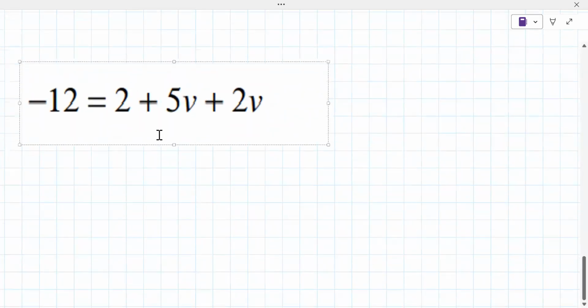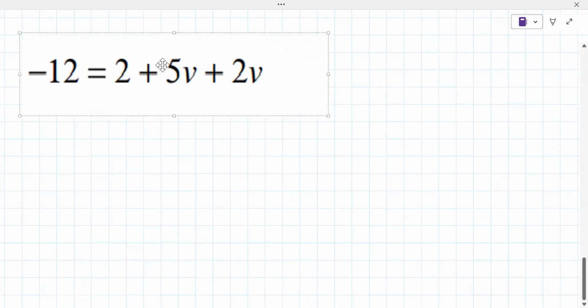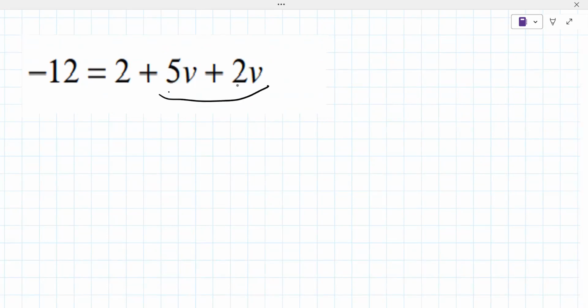All right, so we got -12 equals 2 plus 5v plus 2v. What is 5v plus 2v? 7v. Okay. So now can you solve this from here? It's a problem we've been doing, but there's that additional step of being able to simplify.